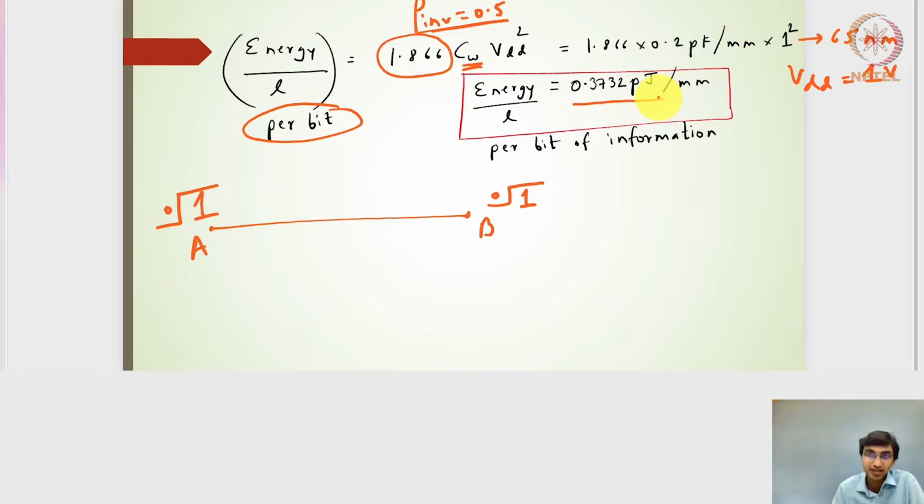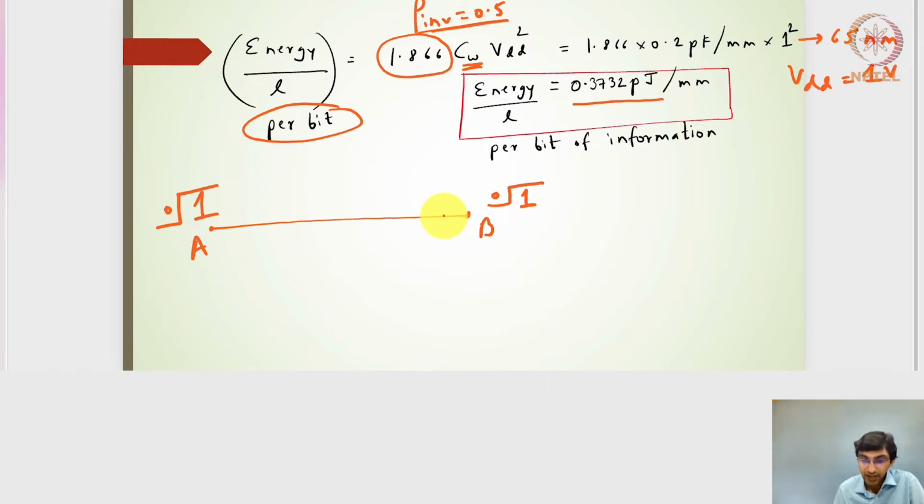This is for sending one bit of information to the other side of the long wire with the optimized number of repeaters, and with the optimized width of the repeater. So this is the energy that will be consumed.